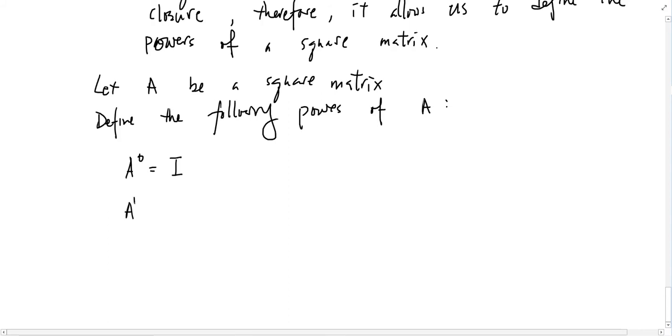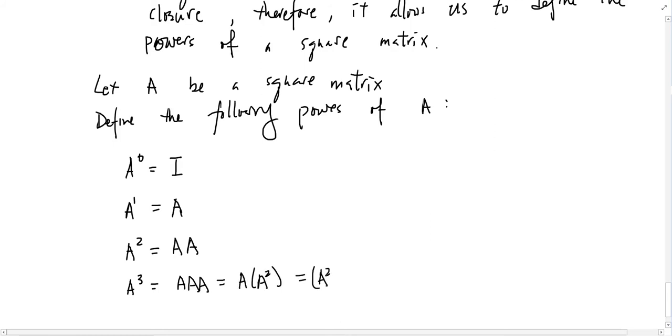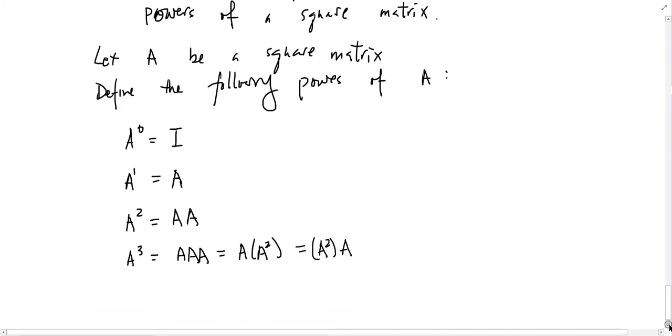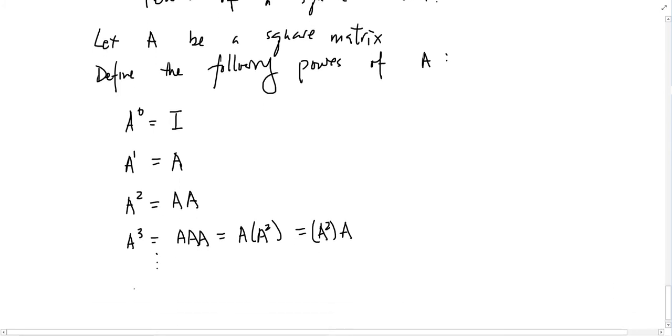If I take matrix A and raise it to first power, that's just equal to A. If I raise A to second power, that's A times A. A to the third power would be A times A times A, or think of it as A times A squared, or A squared times A. And this pattern continues on to A to the nth power, which will just become A times A times A n times, or A times A to the n minus 1 power, or A to the n minus 1 power times A.